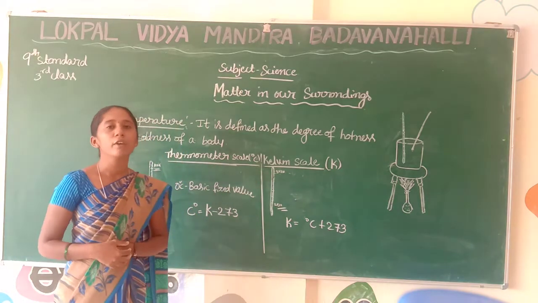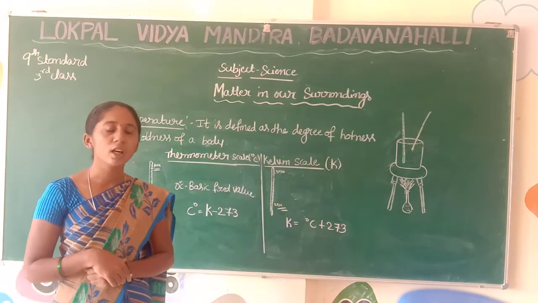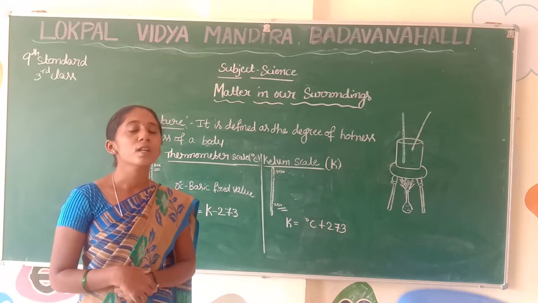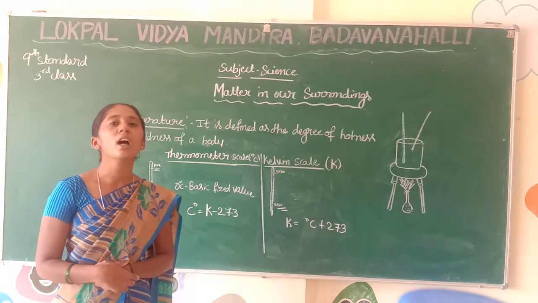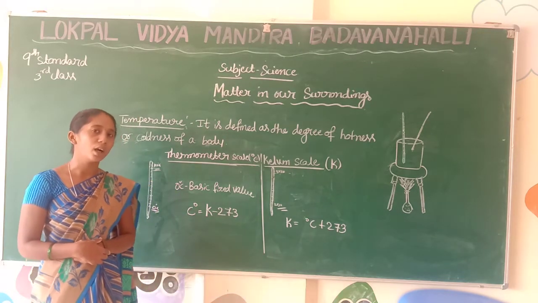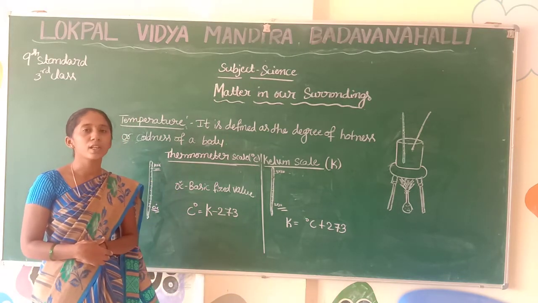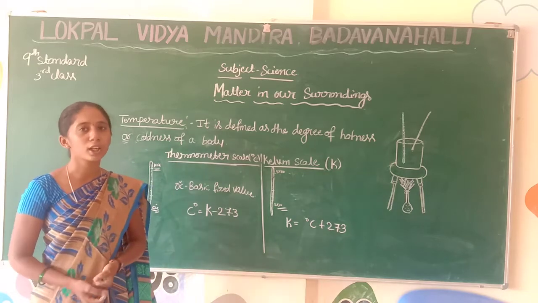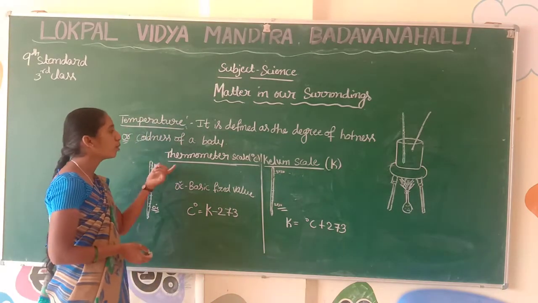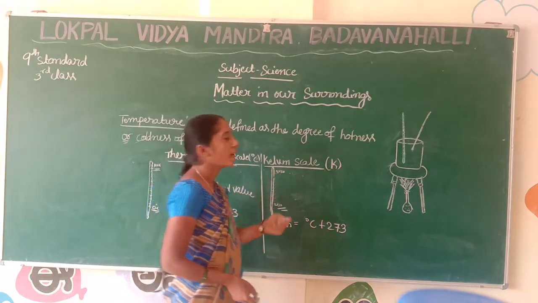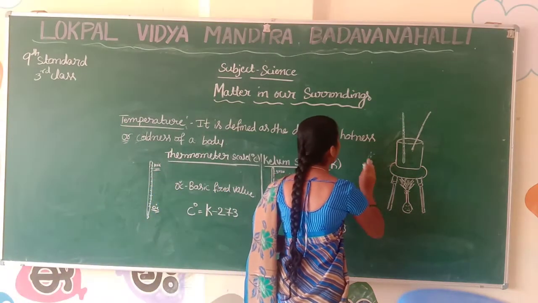When we identify any body's temperature scientifically, we use some temperature scale for measuring the temperature of the body. Then which are the temperature scales we use to measure the temperature of the body? Here we are using the thermometer scale, Kelvin scale and also Fahrenheit scale.